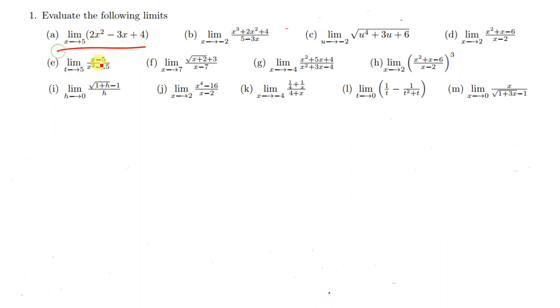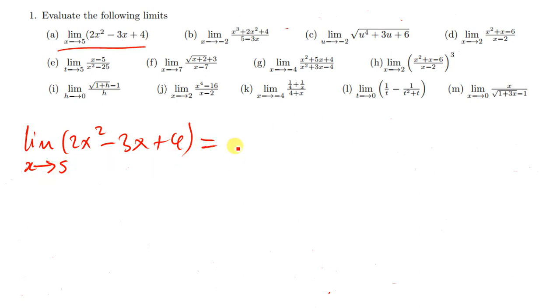For instance, when finding the limit of this expression, you take the limit of each independent term there. Let me first write everything: the limit of 2x squared minus 3x plus 4 as x is approaching 5.